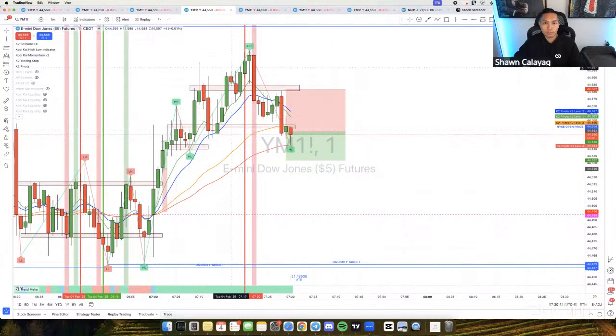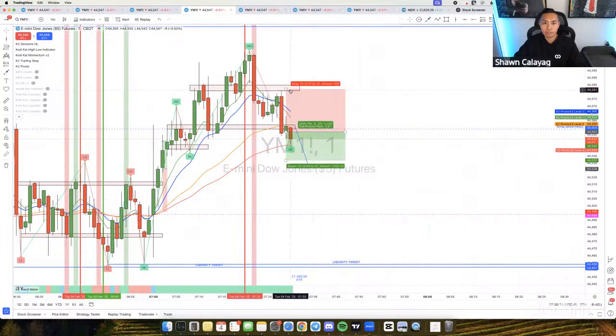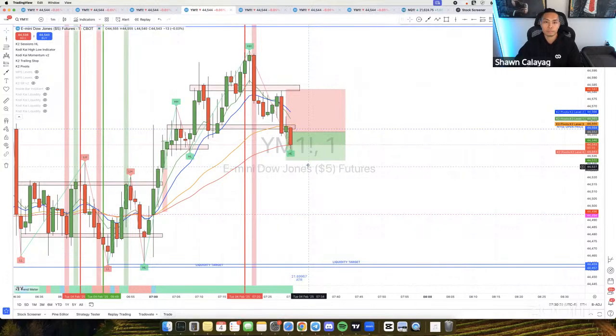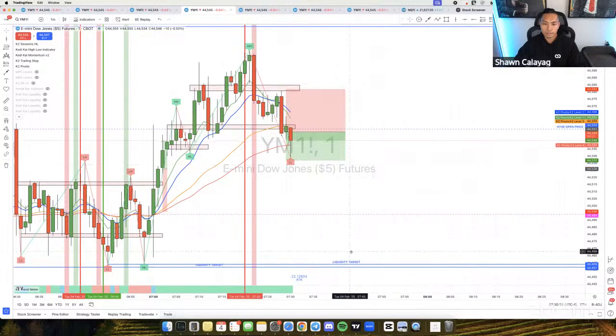This is a shoulder, head, shoulder. This thing could come down at least a little bit to hit TP. Yep, looks like it's on its way. Volatility right now is kind of low.